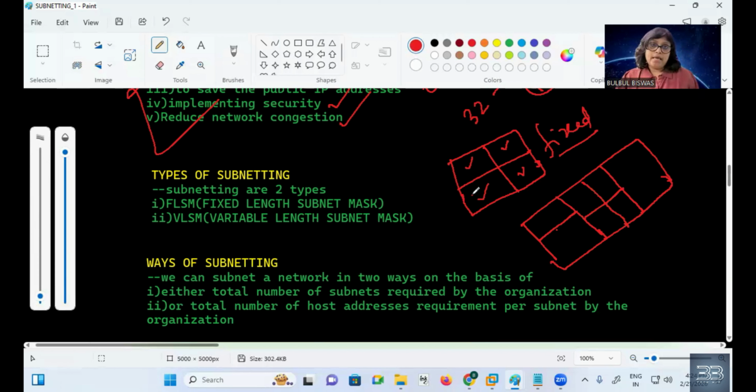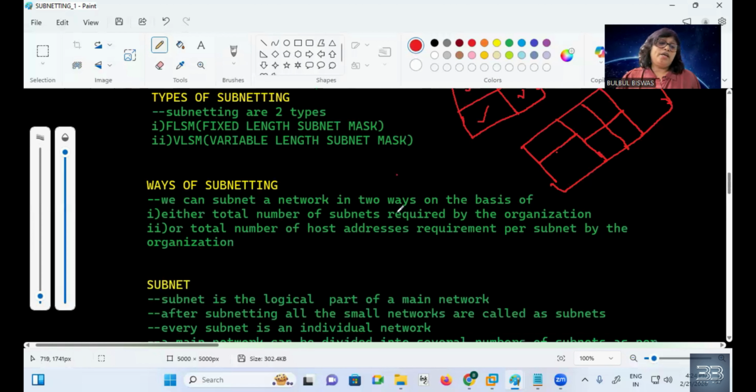As per the demand of the industry, if we create the subnets, that means our subnet mask is also varying. This type of subnetting is called VLSM, variable length subnet mask. The subnetting where we get the fixed length subnet is FLSM. The subnetting where we get the variable length subnet is called VLSM. Okay, later on we'll discuss those in detail.